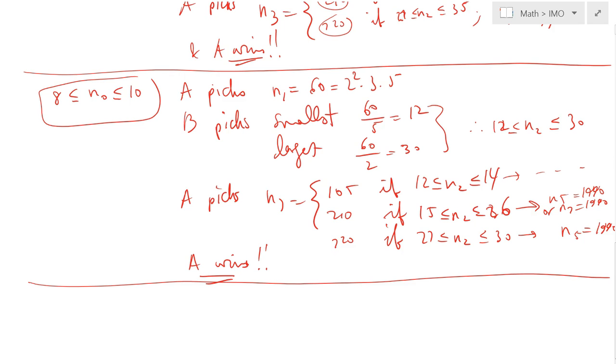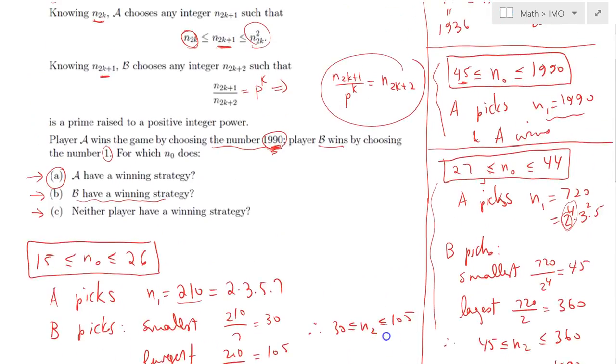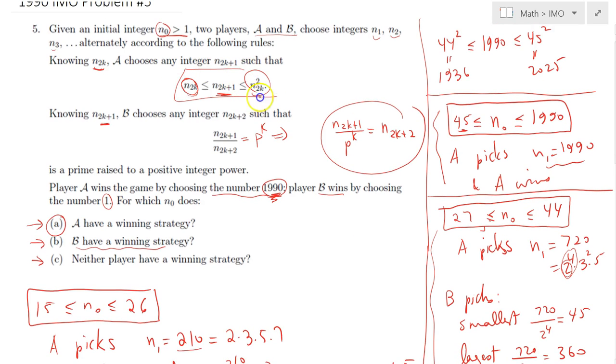So now let's focus our attention on what if N0 is strictly greater than 1990. The choices of A are such that our numbers will become bigger and bigger, versus the choices of B that make our numbers smaller and smaller.